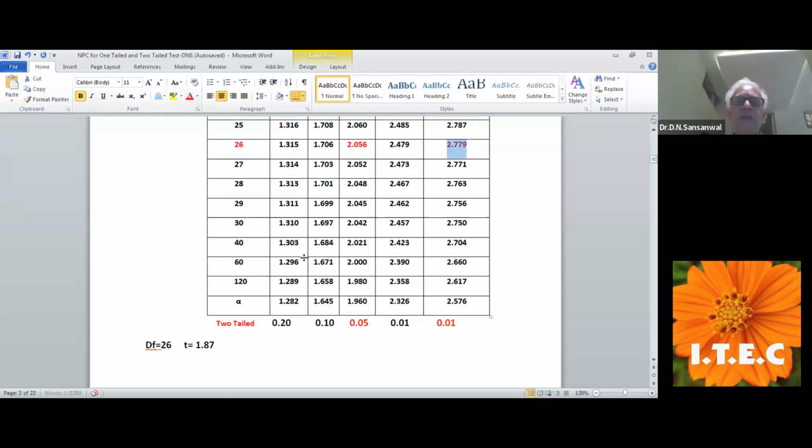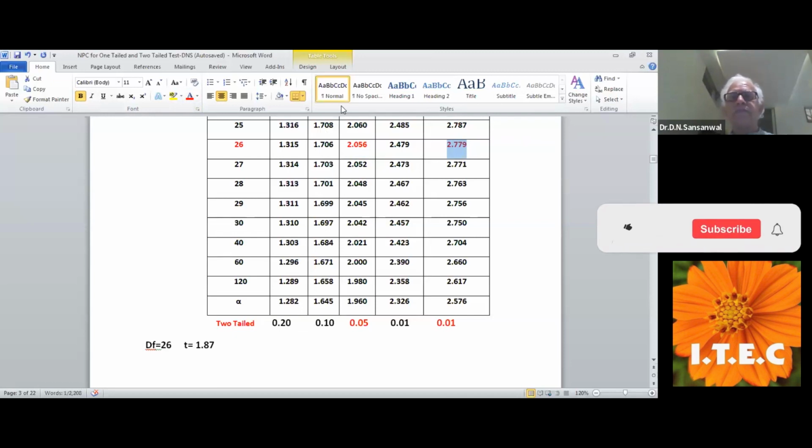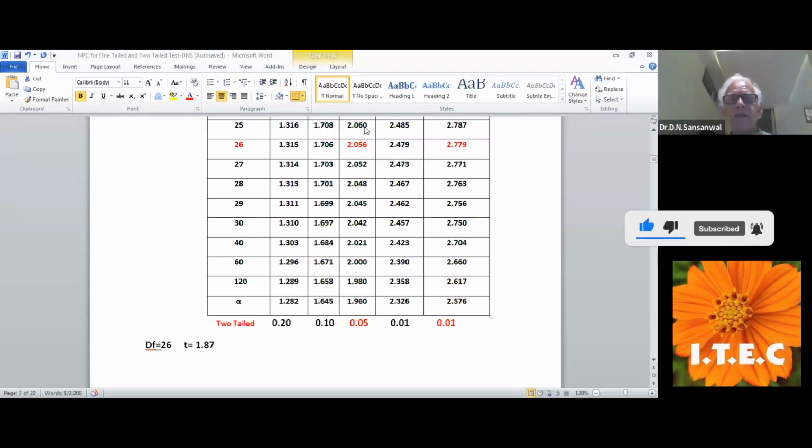So this value is less than 2.056. So Jyoti, is it significant or not? It is not significant. Why?